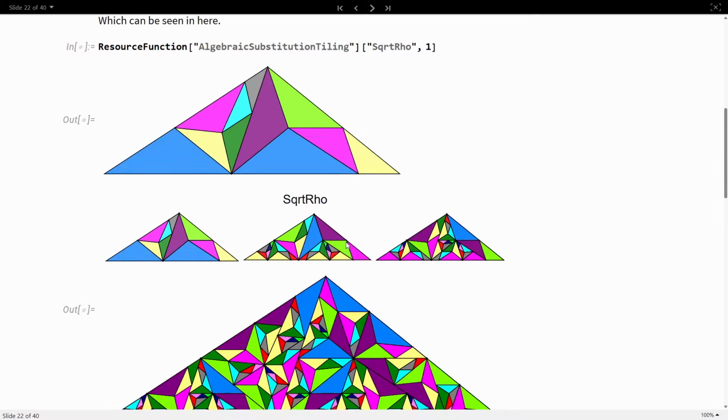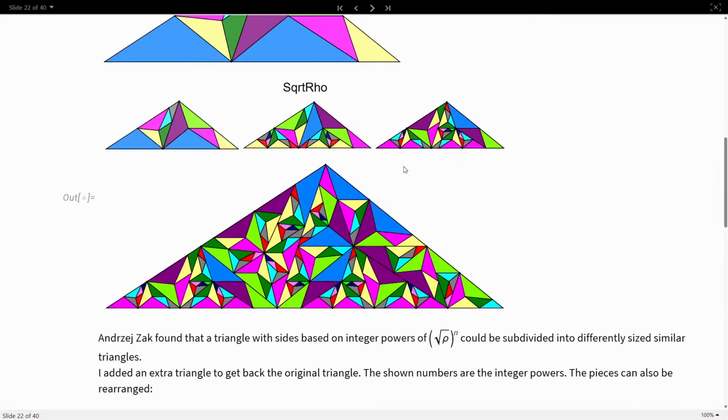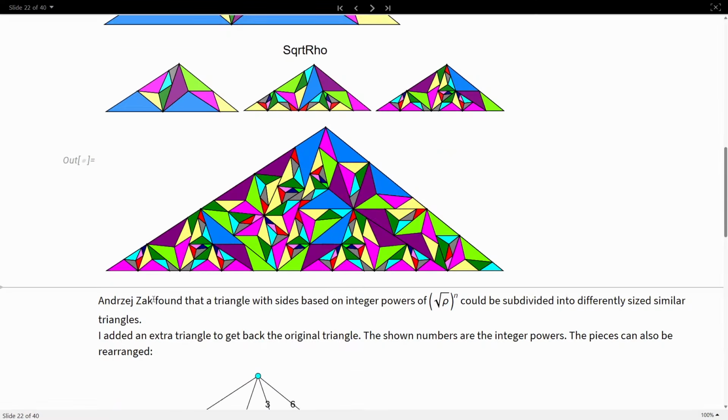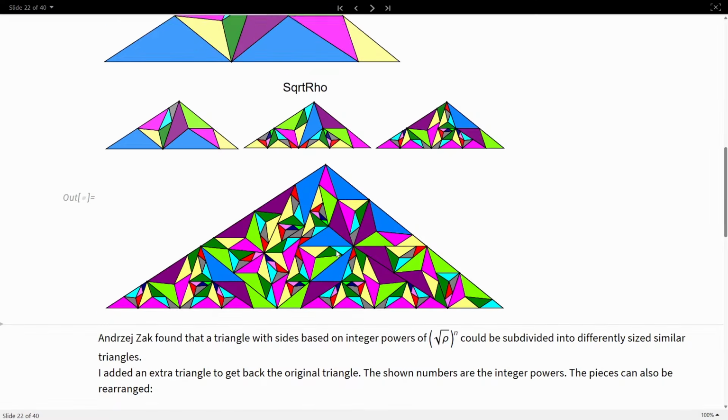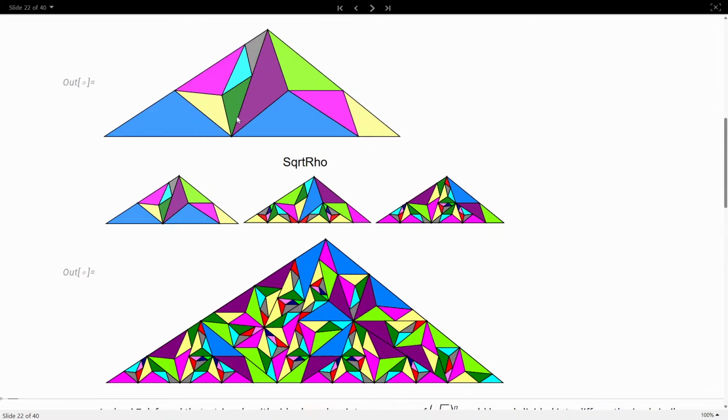So I called this the square root of rho system. And here's what happens when you repeat that item. It turns out that Andrzej Zak found this isosceles triangle earlier.